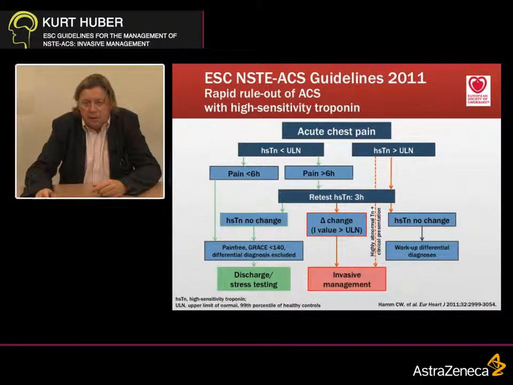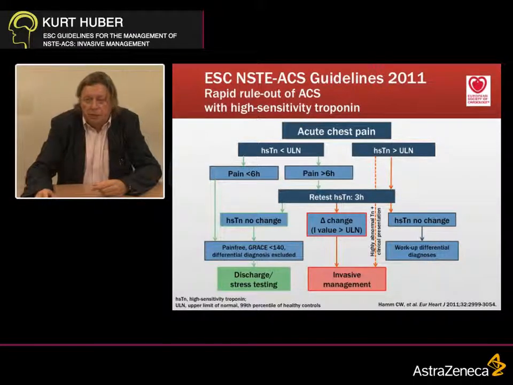If the pain was within 6 hours of presentation to the hospital, and the first troponin is below the cutoff, then you have to retest troponin within the next 3 hours. If there is no change and the troponin stays negative, this is a low-risk patient, and you can discharge him with stress testing thereafter.